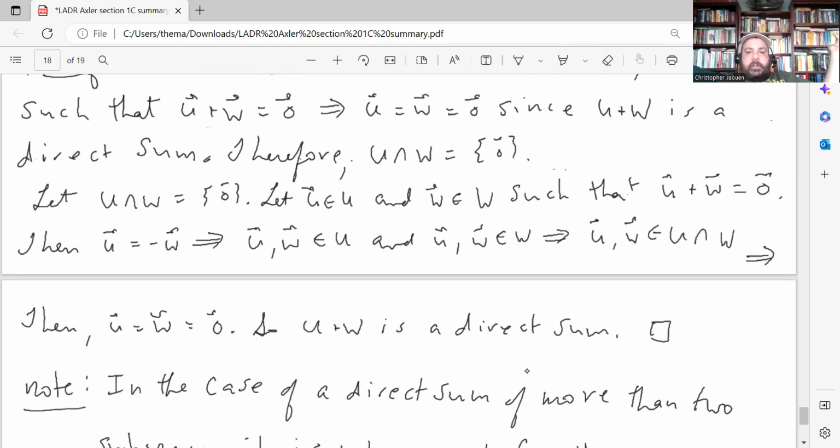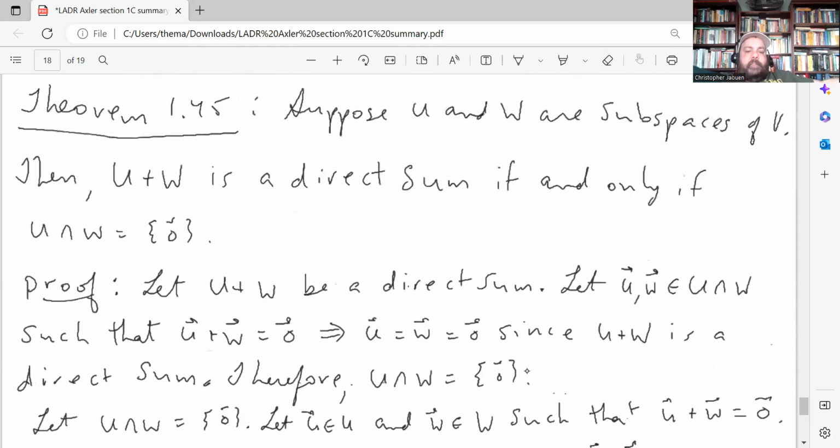That follows because U intersect W is also a subspace. Then U equals W equals the zero vector, so U plus W is a direct sum.